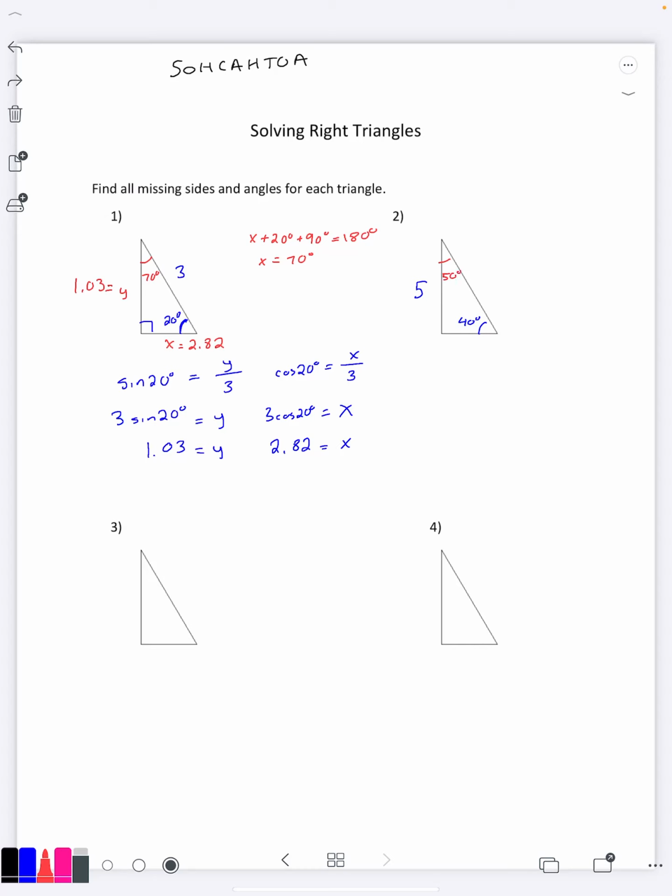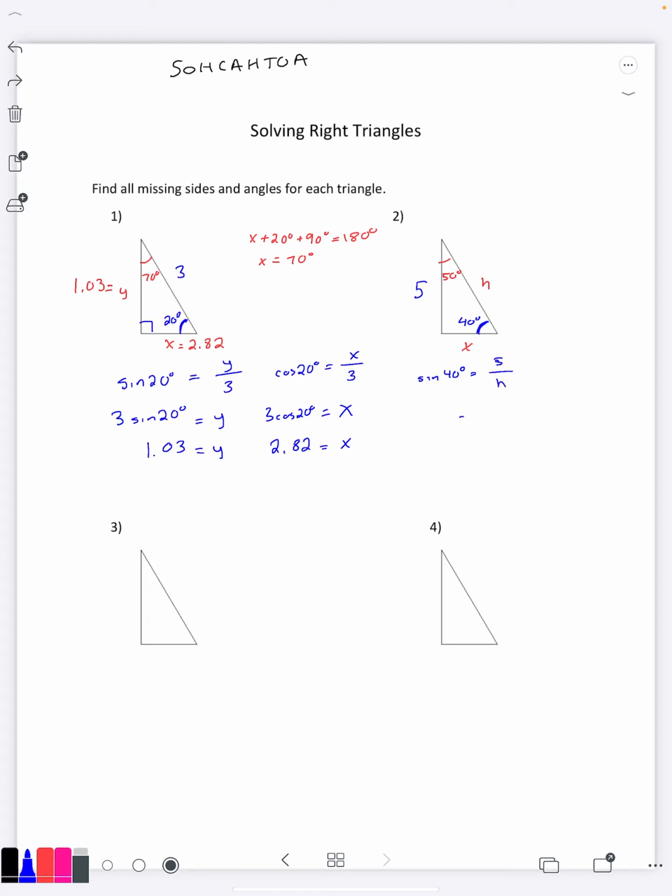I can go ahead and call this side x and maybe this side h for hypotenuse. Then I use a trig function to figure this out. Now if I'm using 40 degrees here, if I did cosine, I'd have x and h. That's 2 variables. I can't solve that. So I would need to use sine of 40, because that gets me the opposite side of 5 over the hypotenuse h.